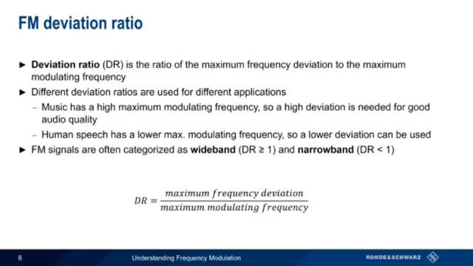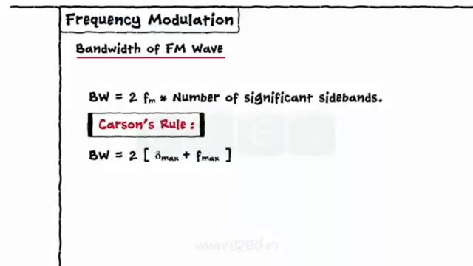Bandwidth of FM wave. For bandwidth of FM wave we have two formulas. Generally the bandwidth is equal to 2 into the frequency of the modulating signal into the number of significant sidebands, and this formula is used for narrowband FM.